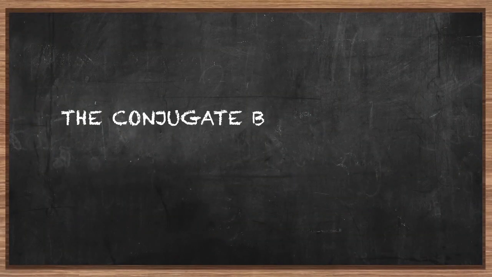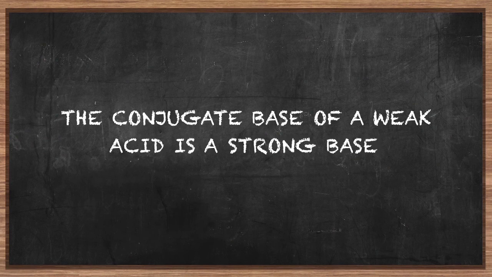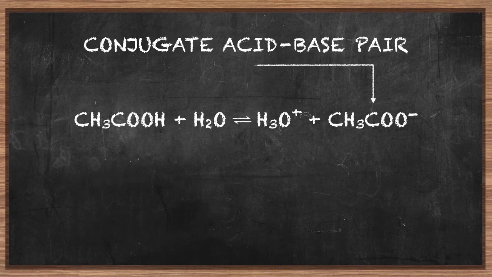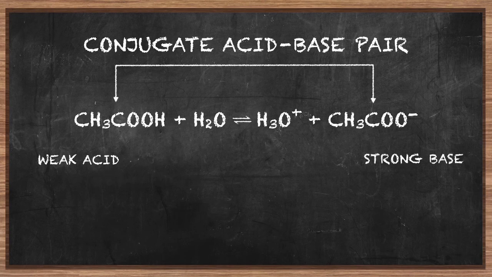Note that the conjugate base of a weak acid is a strong base. For example, CH3COO-, the ethanoic ion, is the conjugate base of CH3COOH, ethanoic acid, a weak acid. CH3COO-, the ethanoic ion, must therefore be a relatively strong base because it tends to combine easily with hydronium ions to form ethanoic acid molecules.